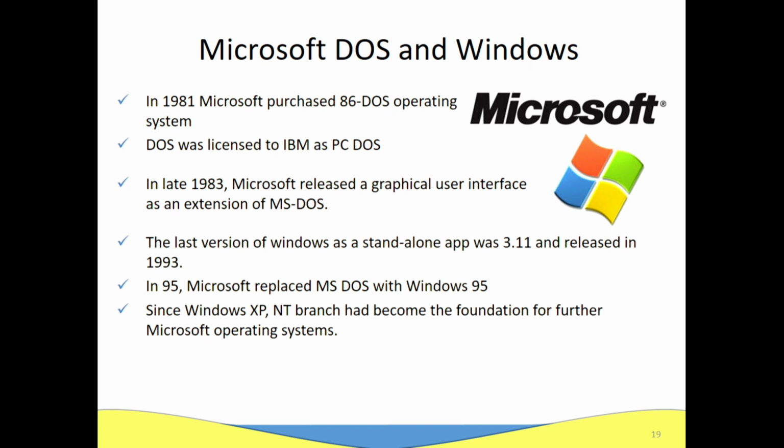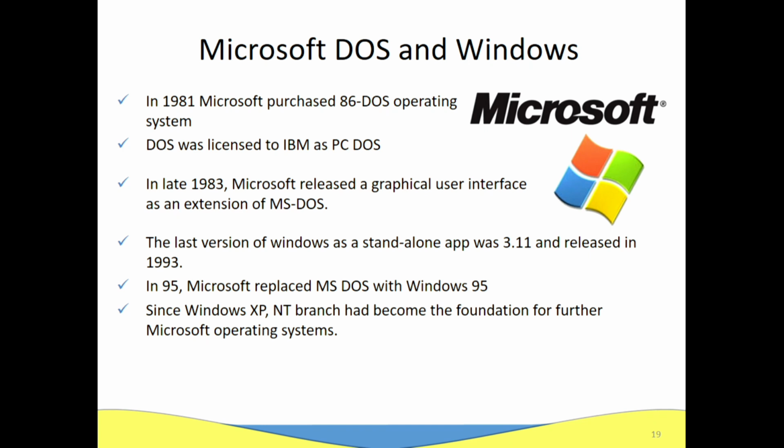Microsoft DOS had a command line interface, and later on a third-party file manager using pseudo graphics was developed that significantly simplified operations with files. To keep up with competitors, particularly with Apple, that already had a graphical user interface, in late 1983, Microsoft released a graphical user interface as an extension of MS-DOS.